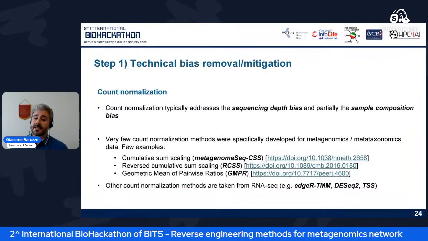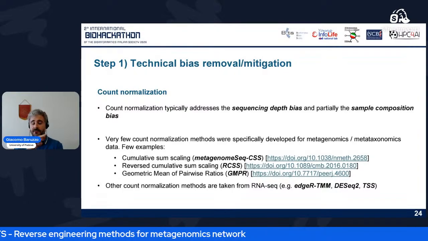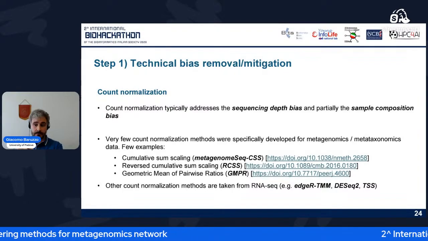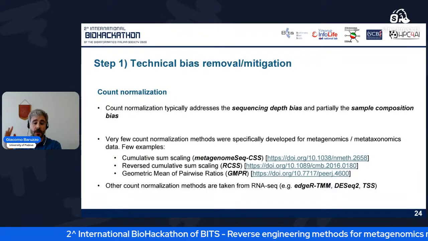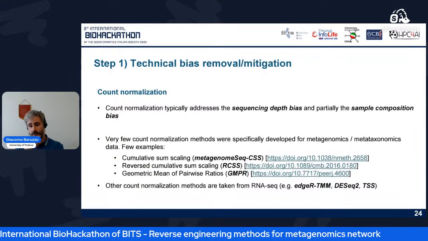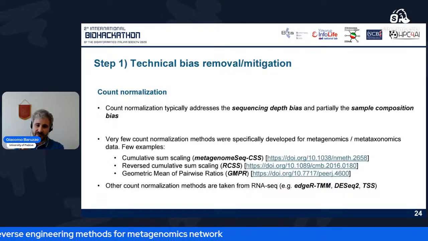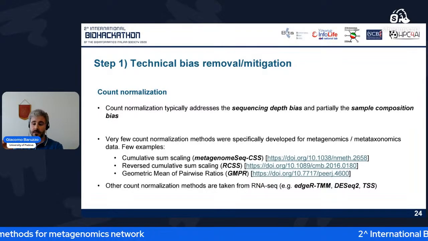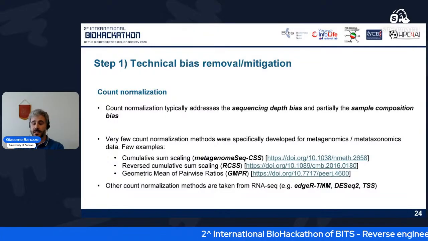Another very important step is count normalization, which typically has the goal to address the biases related to different sequencing depth and partially sample composition. Count normalization methods typically work by multiplying the different columns in your count table by a different scale factor. Again, there are not many methods specifically developed to work with 16S count data. The most famous ones are metagenomeSeq's CSS, the RCSS, and the GMPR method.